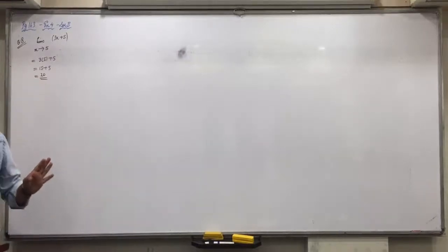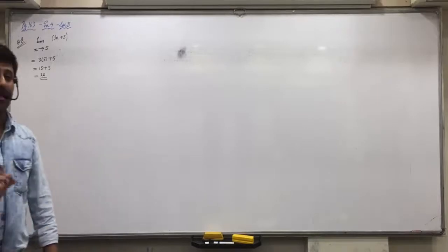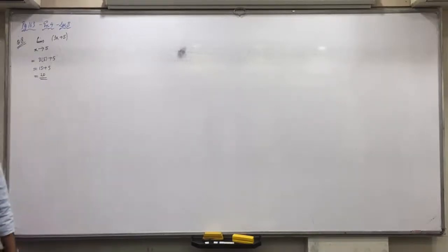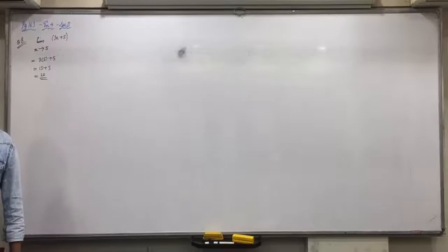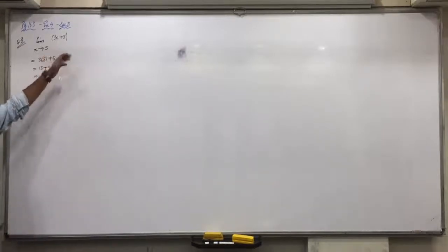That's it. When are you required to factorize? When the denominator comes to 0, when the functional value is indeterminate. As we discussed the basic concept in the beginning of the chapter itself, normally we use limits when the value of function is indeterminate because the denominator comes 0. Here directly we put the value.